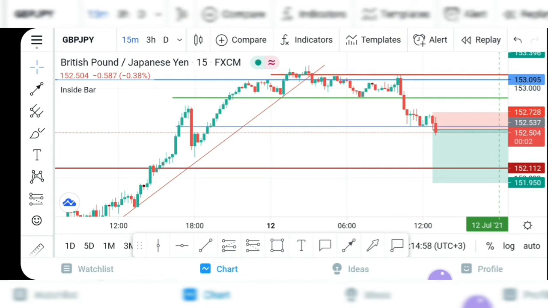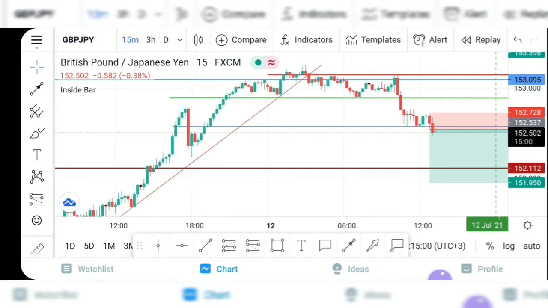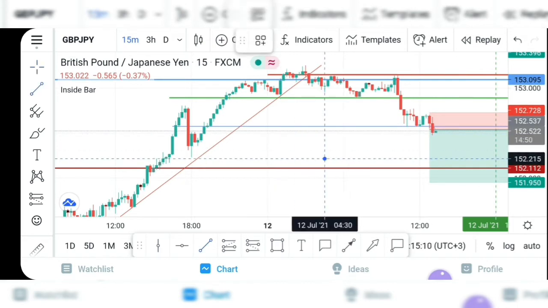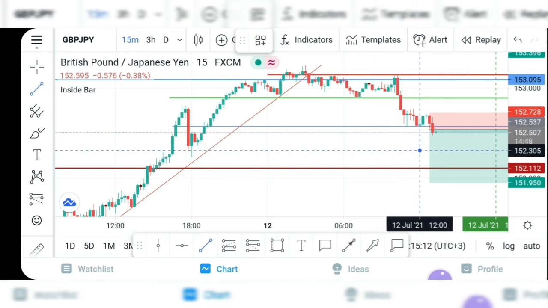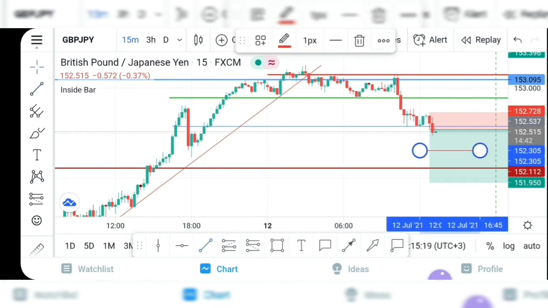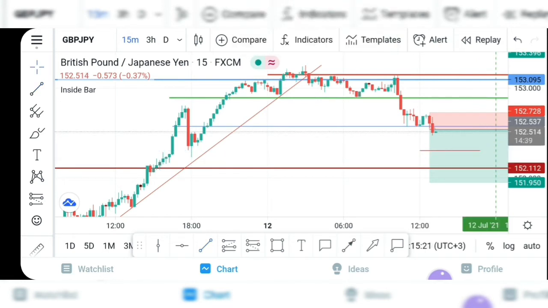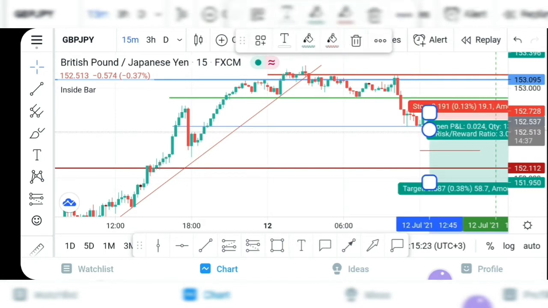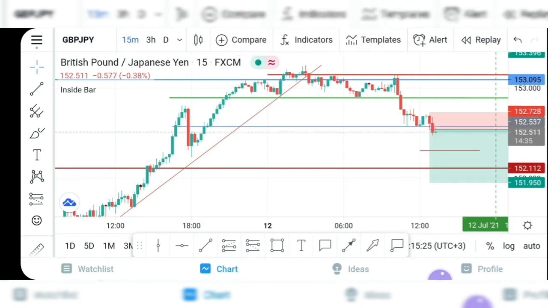All that matters is one thing: we are doing the right thing. So we're going to wait. We'll go break even when the market comes to around this area here, and we'll let it run to a 1 to 3.